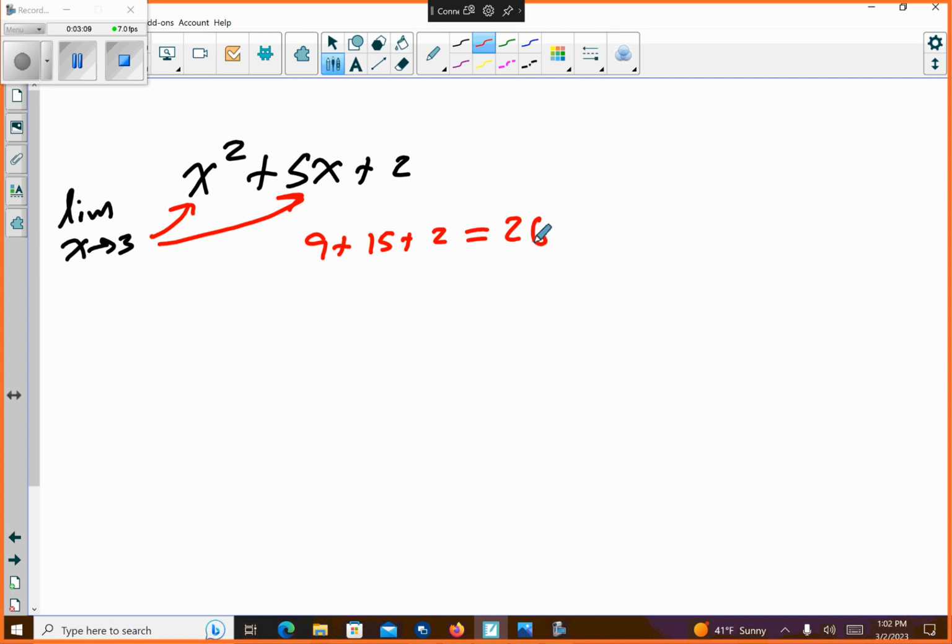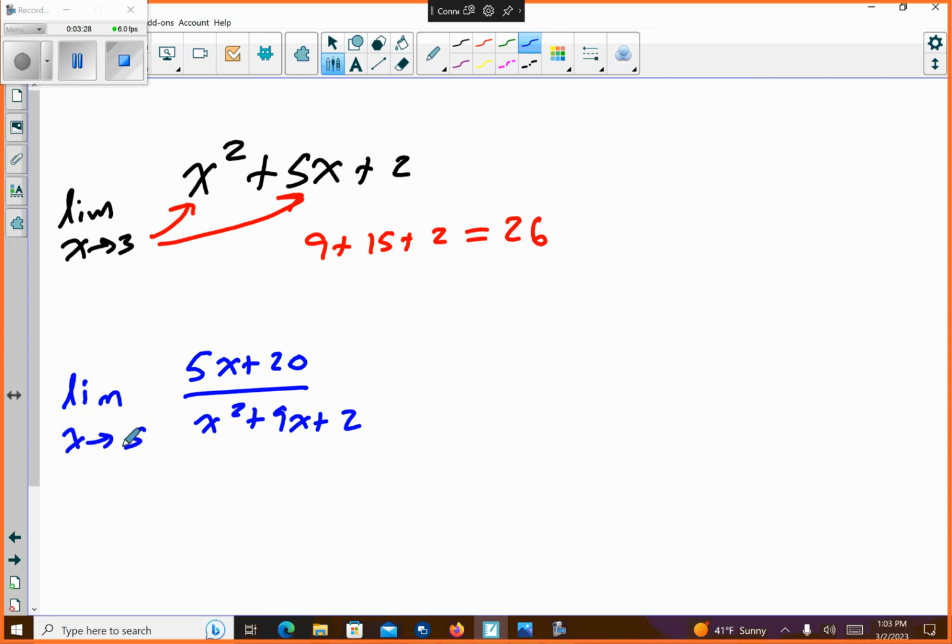Okay, so you have direct substitution, but sometimes you might be given a problem that looks something like this. And it might say, what's the limit as x approaches 5? This one could be a direct plug-in as well, meaning on top it's going to give me 25 plus 20.